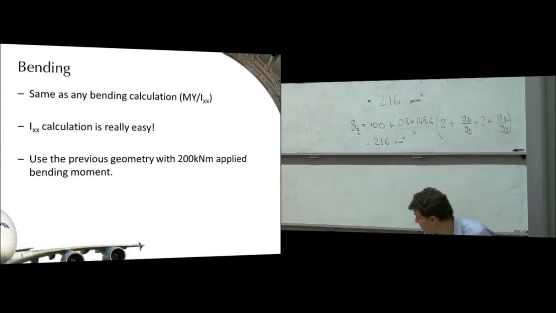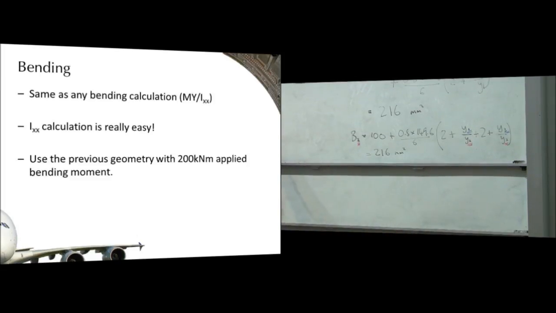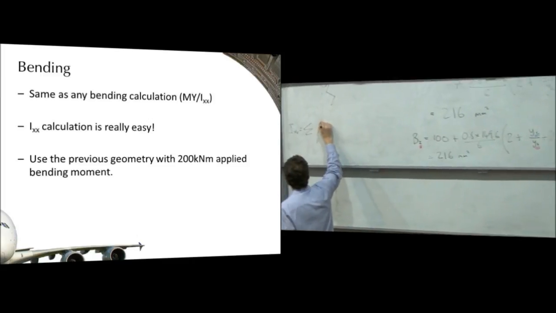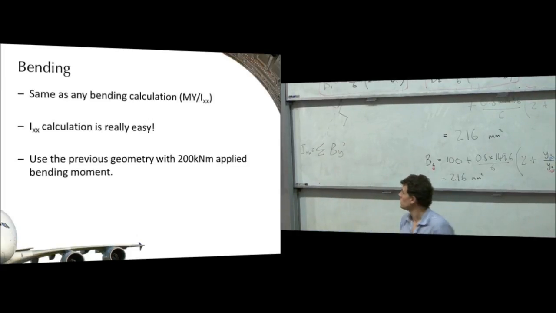Now the IXX calculation is just a sum of By squared, an area times the distance to the neutral axis squared, as long as this is the distance from the neutral axis and not some other distance. In the problem we've got there, the neutral axis is the center of the problem.